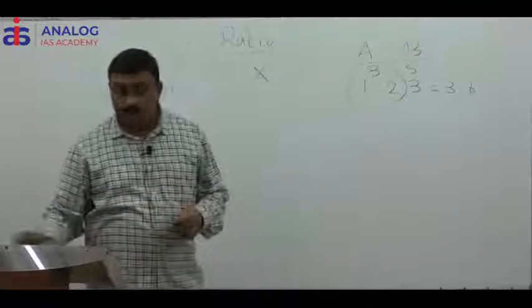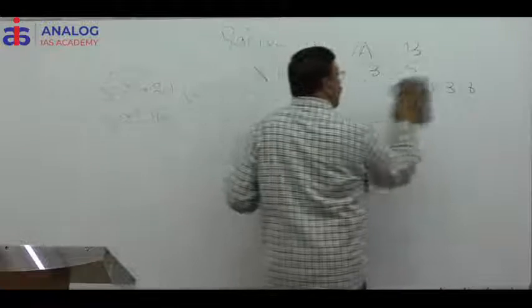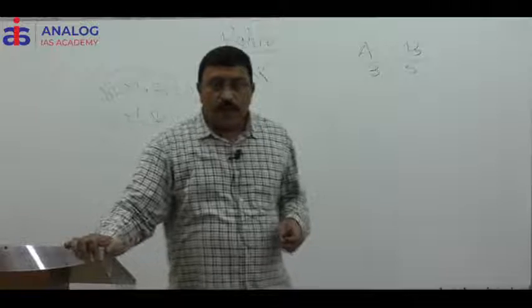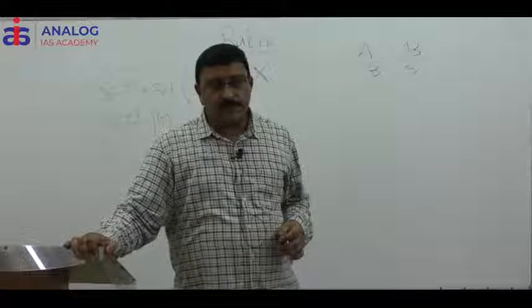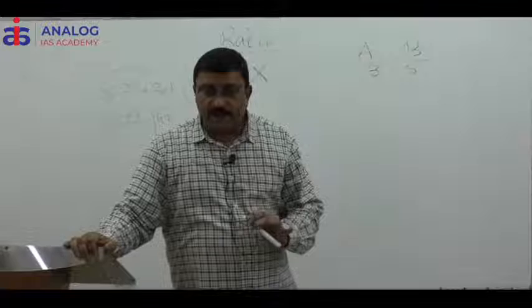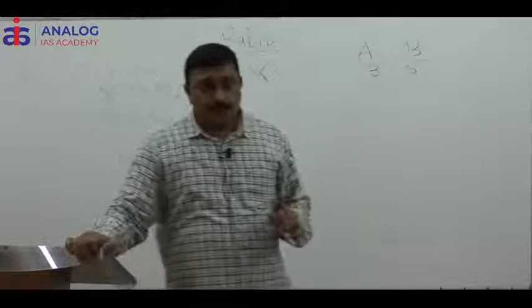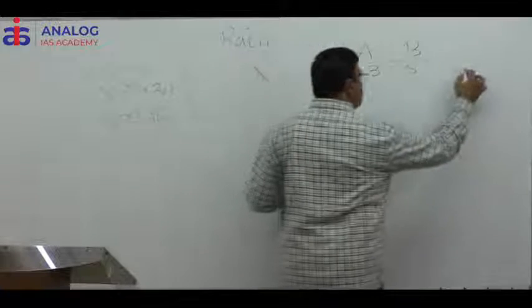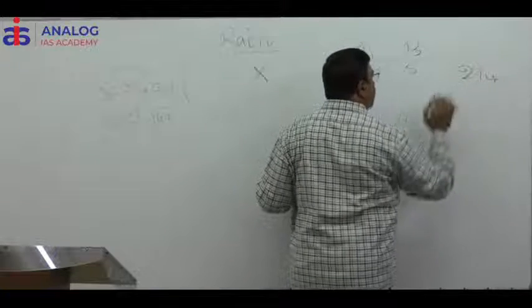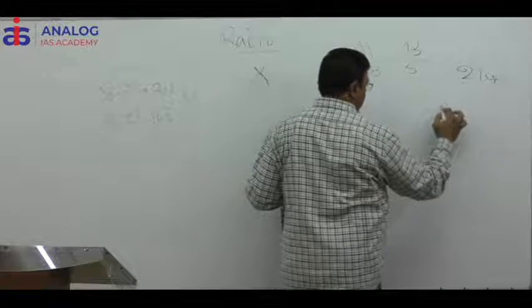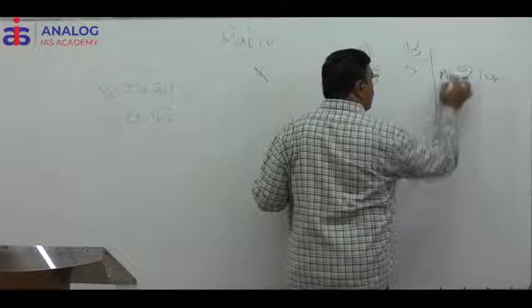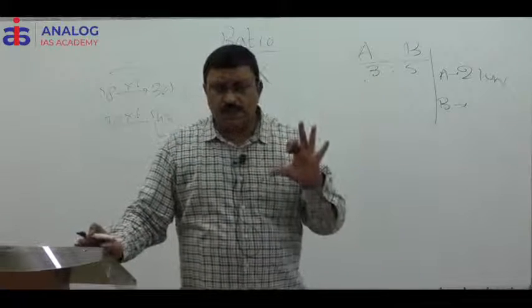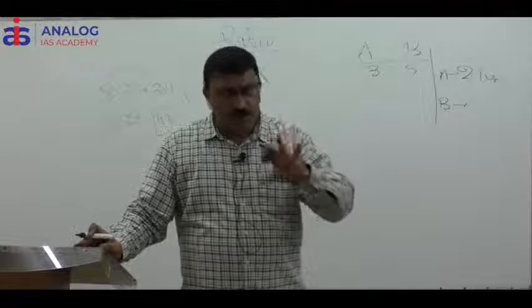If the age of A is 21 years, find the present age of B. Very basic one. Find the present age of B.